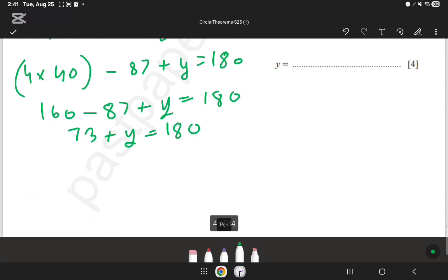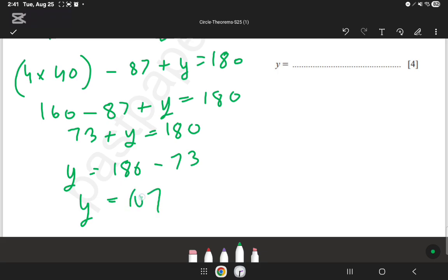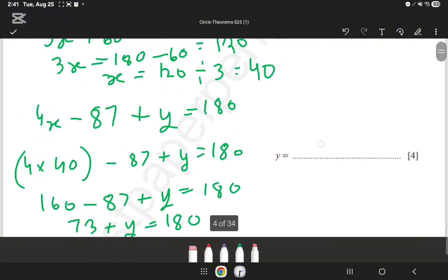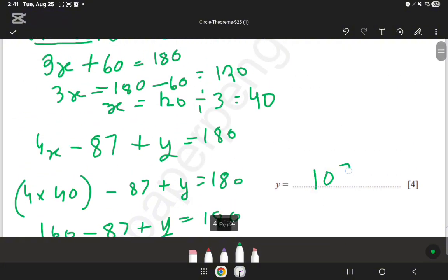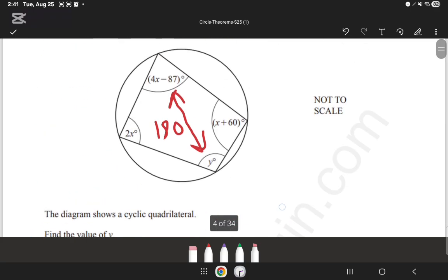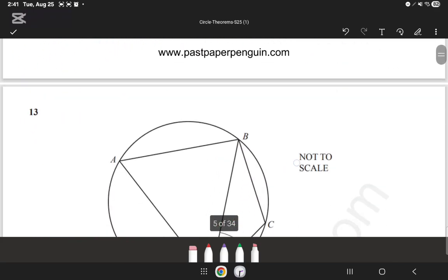Then we go down and do y equals 180 minus 73, y equals 107. So here we just used one theorem, but it was mostly algebra.